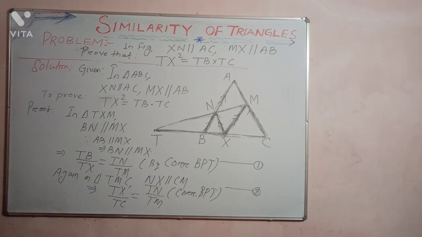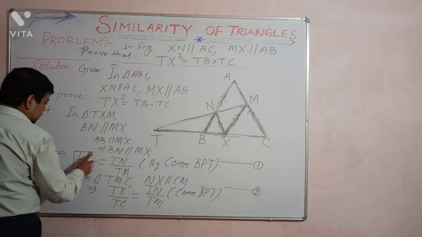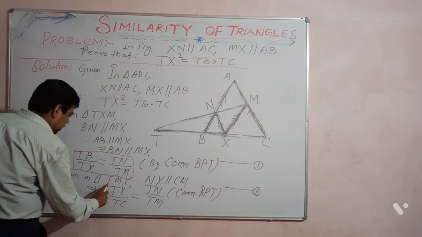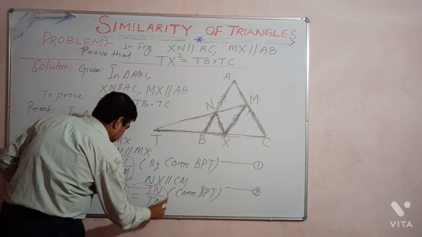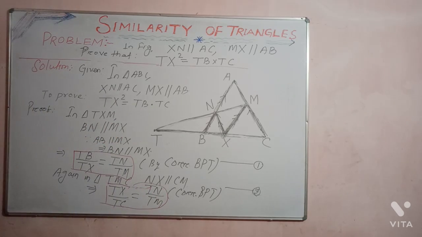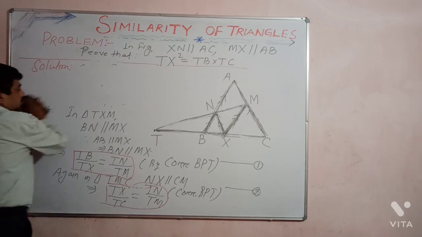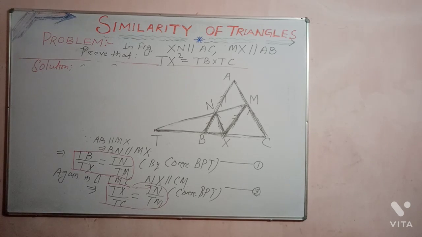In point 1 we got TB by TX is equal to TN by TM, and here we got TX by TC equal to TN by TM. Let us compare equations 1 and 2.